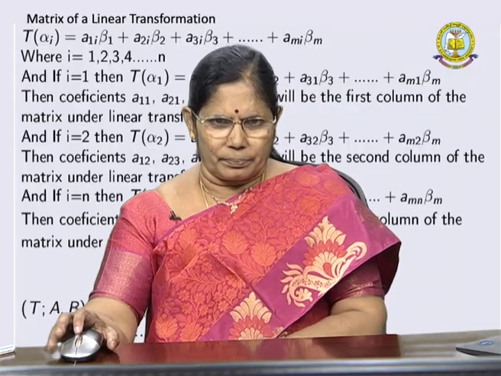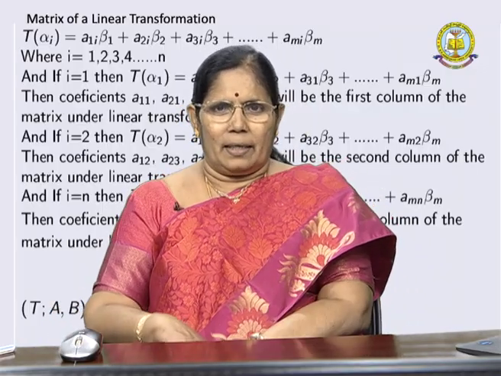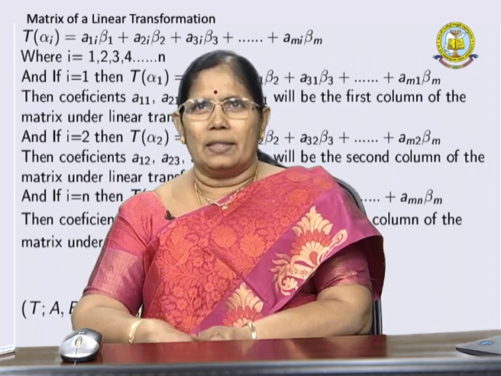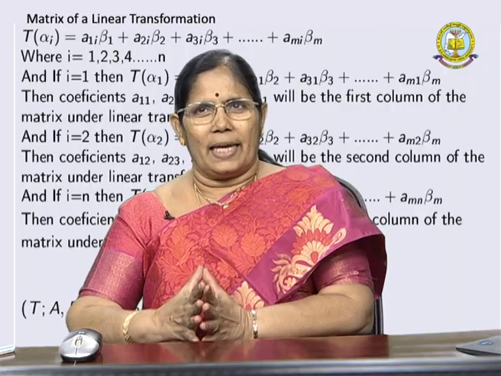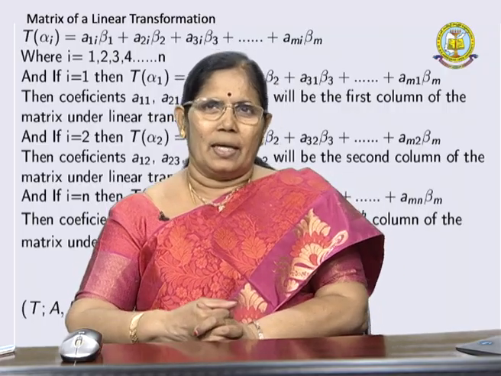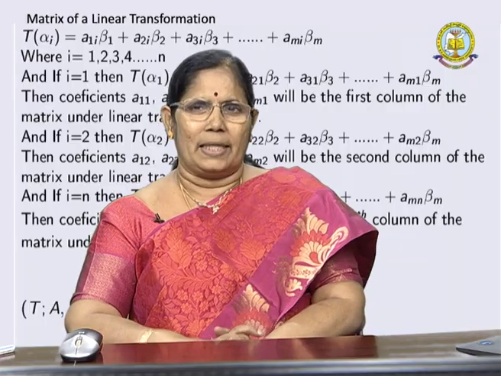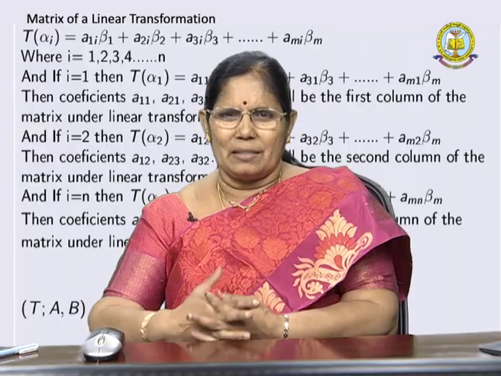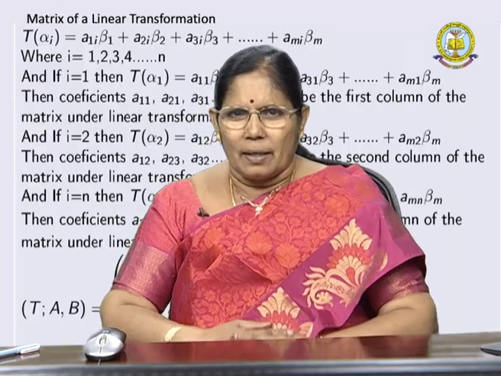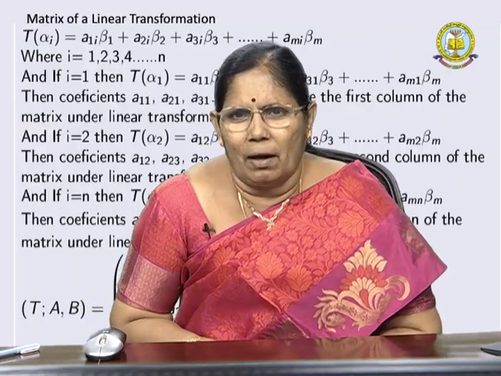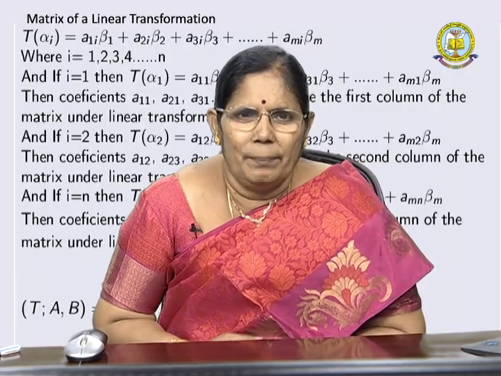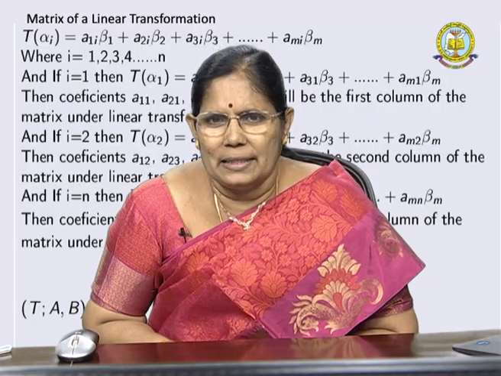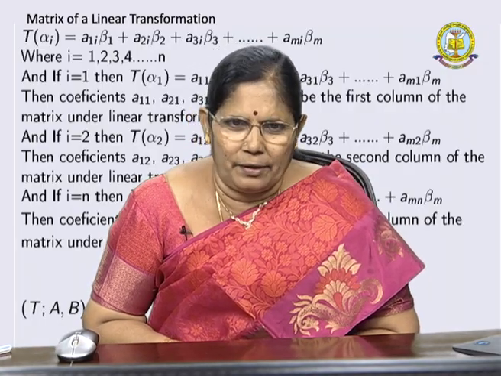Now, how do you define the matrix of a linear transformation? I told you this because if you take the matrix of a linear transformation where U is an n dimensional vector space and V is an m dimensional vector space, then you will get a matrix of order m by n. Suppose B equal to alpha 1, alpha 2, etc., alpha n, and B dash equal to beta 1, beta 2, etc., beta m be ordered bases for U and V respectively.